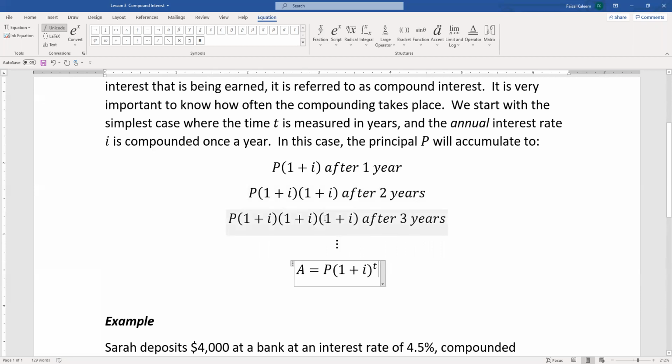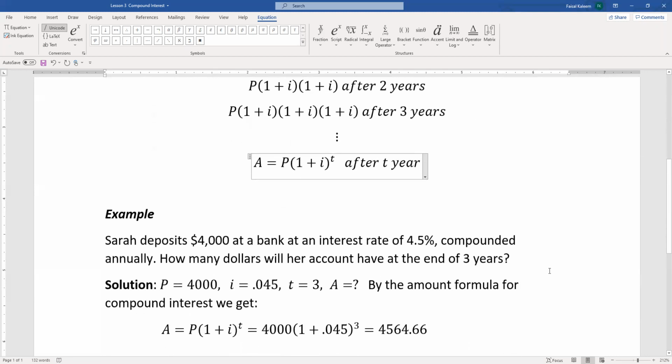After 3 years, the power of the (1 plus I) is 3. After 2 years, the power of (1 plus I) is 2. So after t years, it would be (1 plus I) to the t. That's how we get this compound interest formula in the case where the compounding takes place once a year.